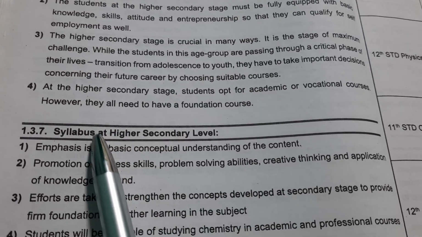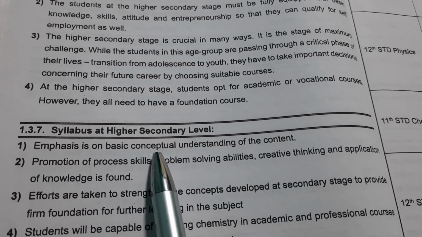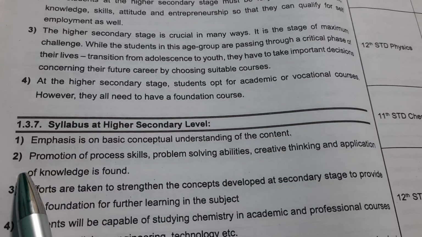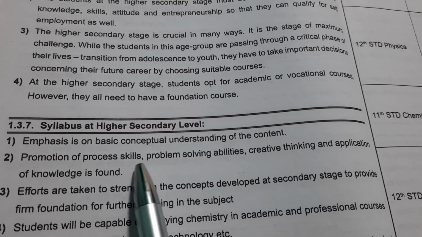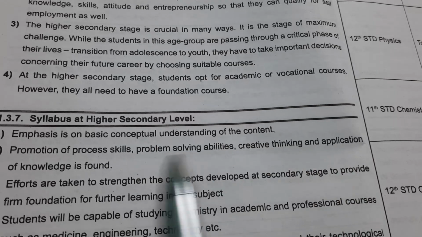Next is the syllabus at higher secondary level. Emphasis is on basic conceptual understanding of the content, first point. Second is promotion of process skills, problem solving ability, creative thinking and application of knowledge.